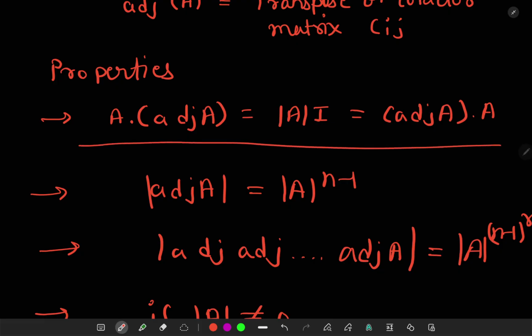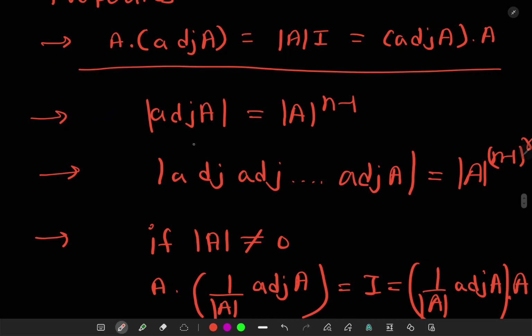This is the most important property of adjoint of a matrix. A dot adjoint of A is equal to determinant A into identity matrix, which is equal to adjoint A dot matrix A.